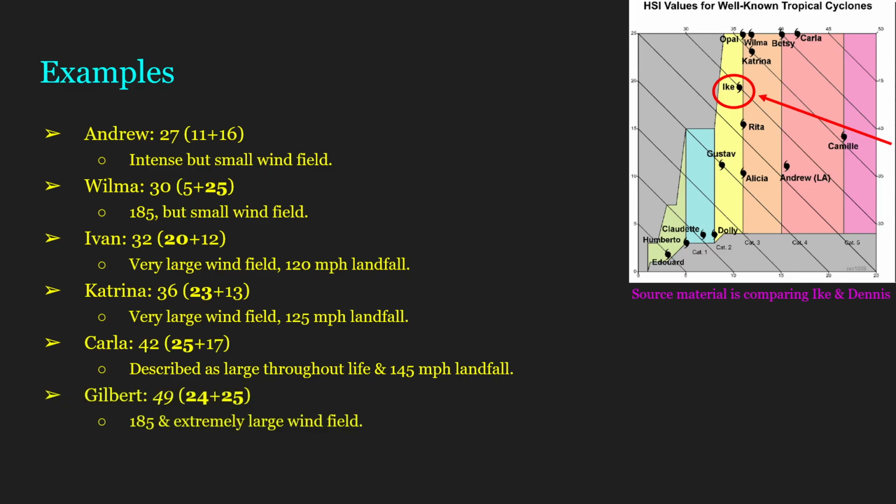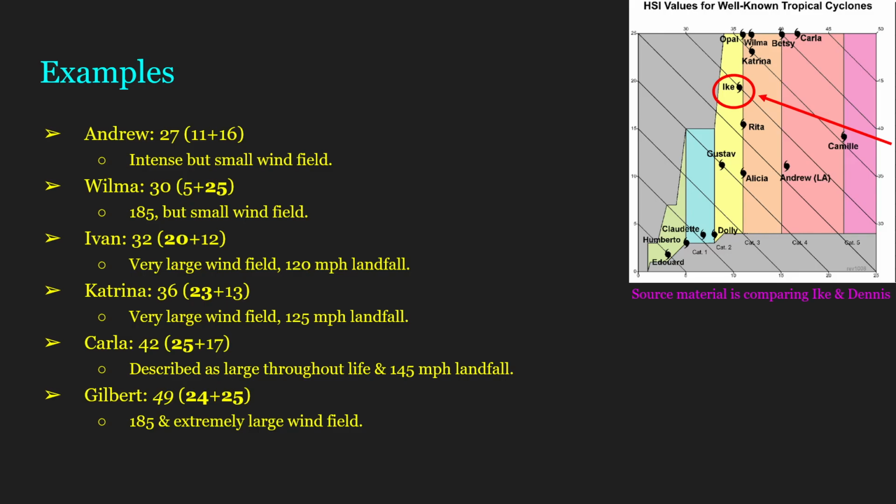Lastly, the nearly perfect score, 49 out of 50, comes from 1988's Gilbert. Gilbert had 24 for size and 25 for intensity. Gilbert at the time had an extremely large wind field and also had winds of 185 miles per hour.